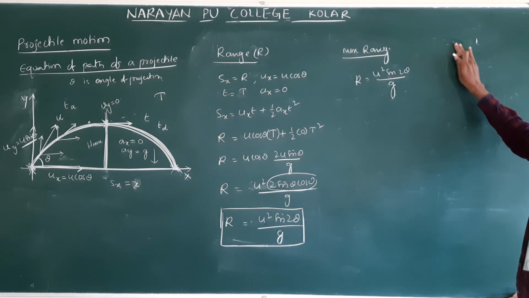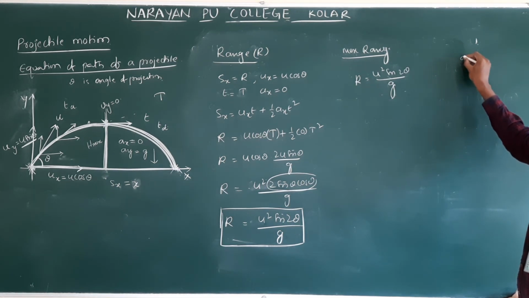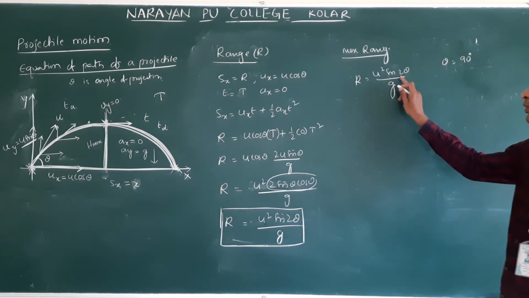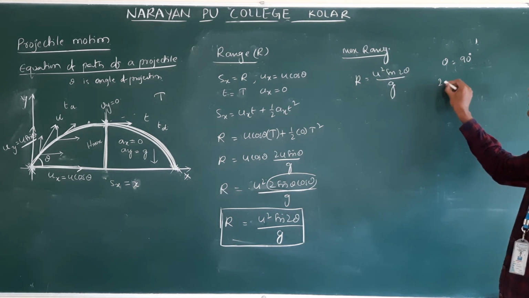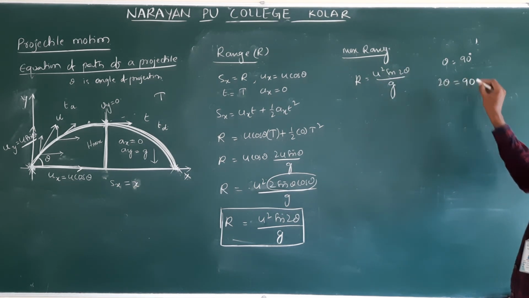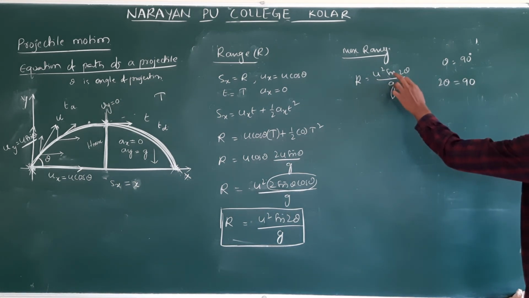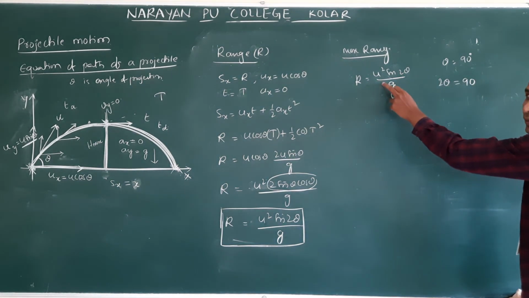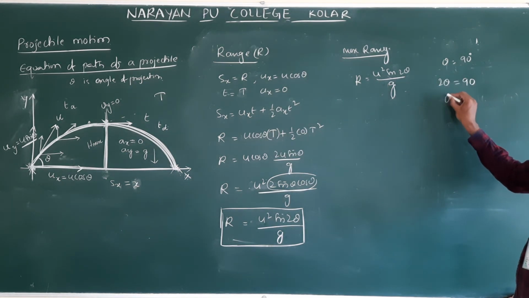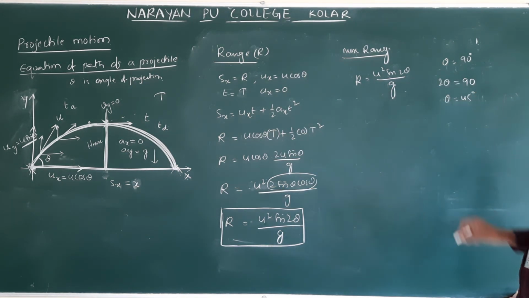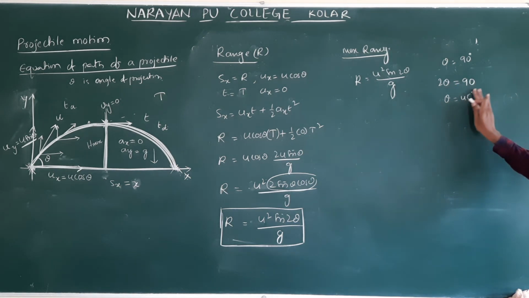Plus 1, where do we get for sin theta? For sin 90. If theta is equal to 90 degree, we will get sin value 1. But here instead of theta, we have 2 theta. So 2 theta must be 90. Then only if 2 theta is 90, sin 90 is 1, then range will become maximum. If 2 theta is 90, theta should be 45 degree, because theta is equal to 90 by 2.